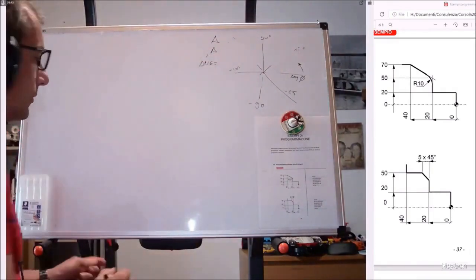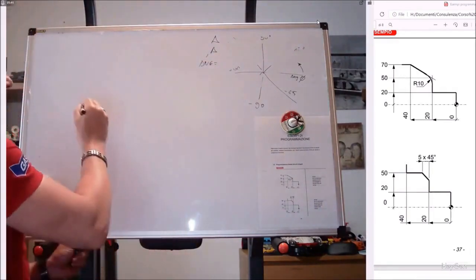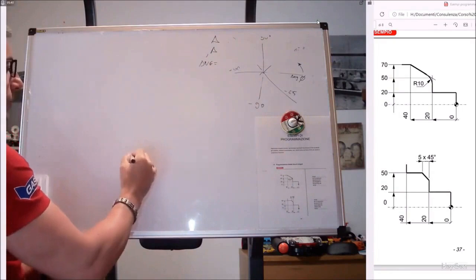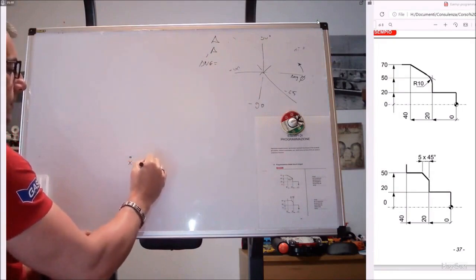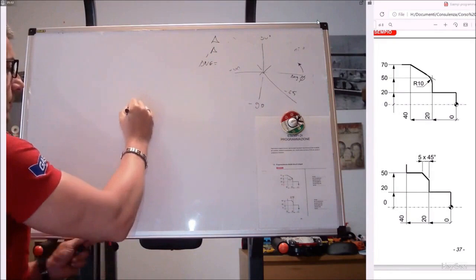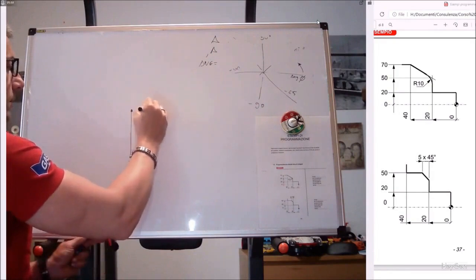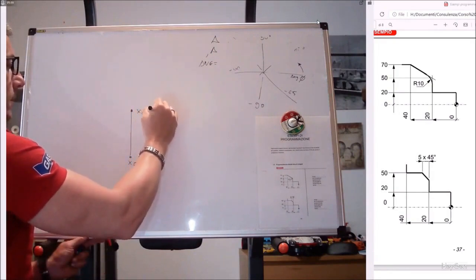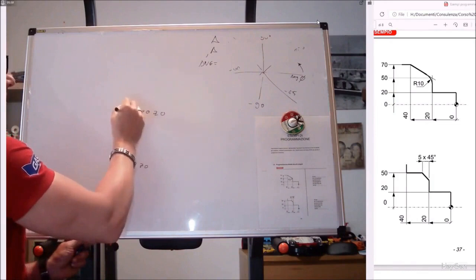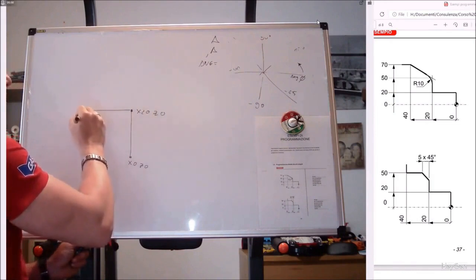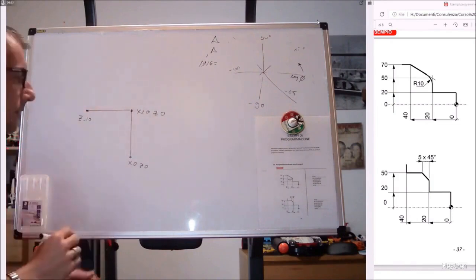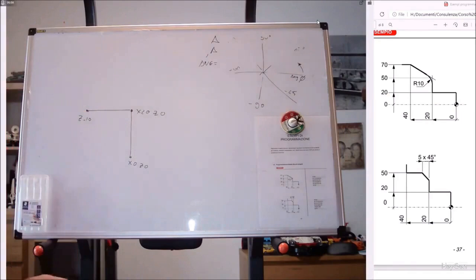The same discussion applies when I, let's take a small example, have to go from X0 Z0, X20 Z0, Z10. Here is a profile with a perfect corner.